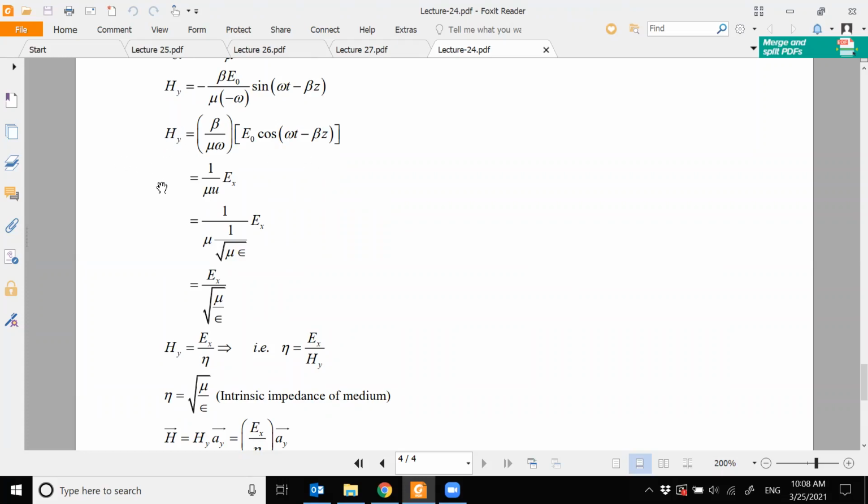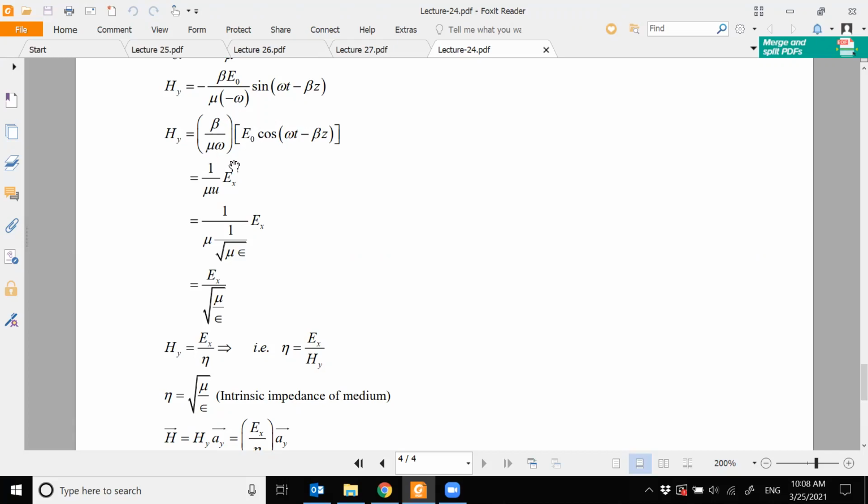So it will be in the y direction. The amplitude of the electromagnetic field will be this one. And again, its phase constant will be the same, traveling with the same frequency.